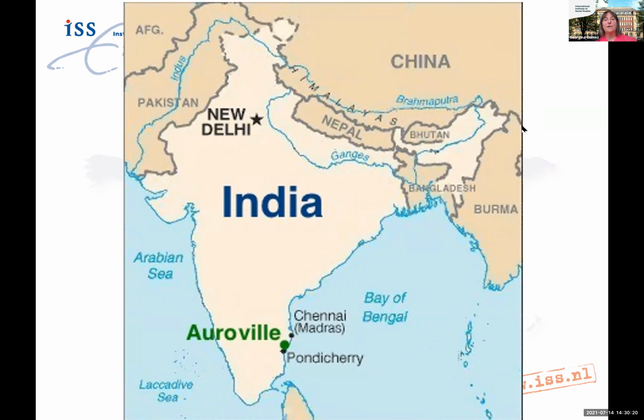But since they have decided that part of their spiritual lifestyle is to reduce the capitalist relations as much as possible, among other things, they issue their own money that you can only use in the community of Auroville in Chennai in India.